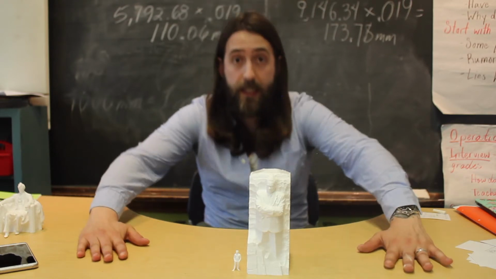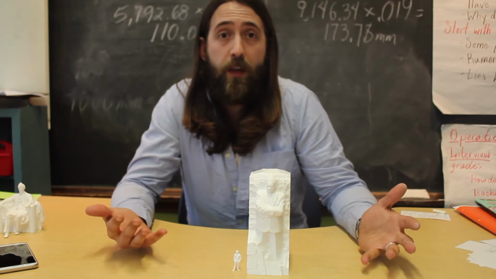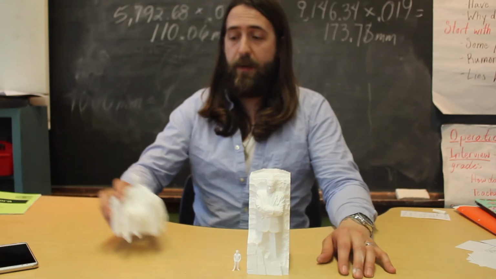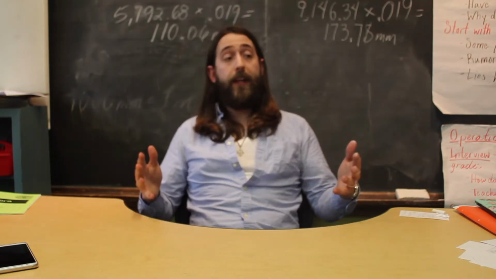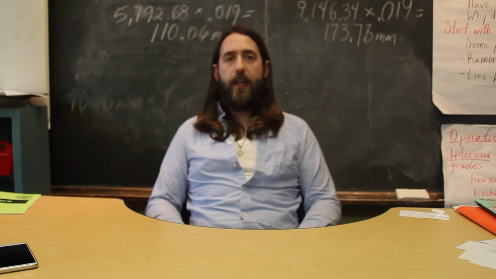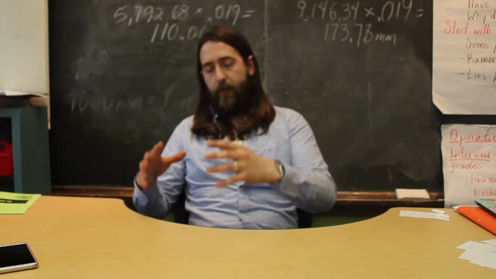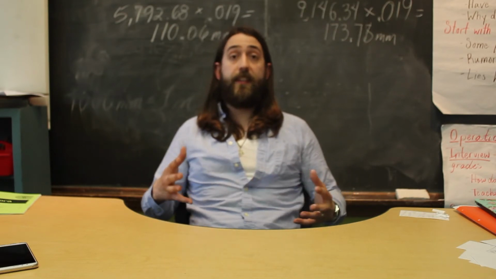And to me, it looks pretty close to being 1/5. Beside that, we have our 19-foot tall statue of Abraham Lincoln. All right, so there you have it, a quick explanation on how to convert feet into millimeters so that you can print real-life objects to scale.